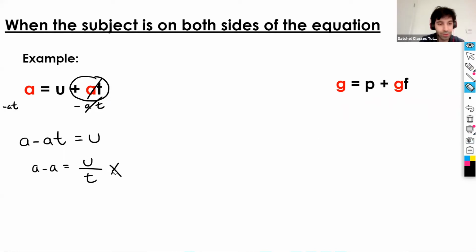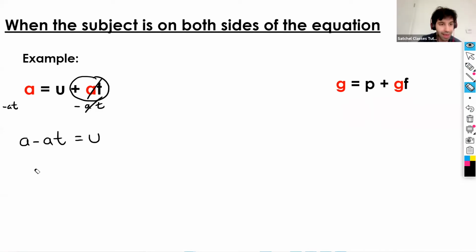Just before I move on, actually, this would be right if you had written a is equal to u minus at. This would be correct, but again, it's no good because it's not going to work because a is still on both sides of the equation.